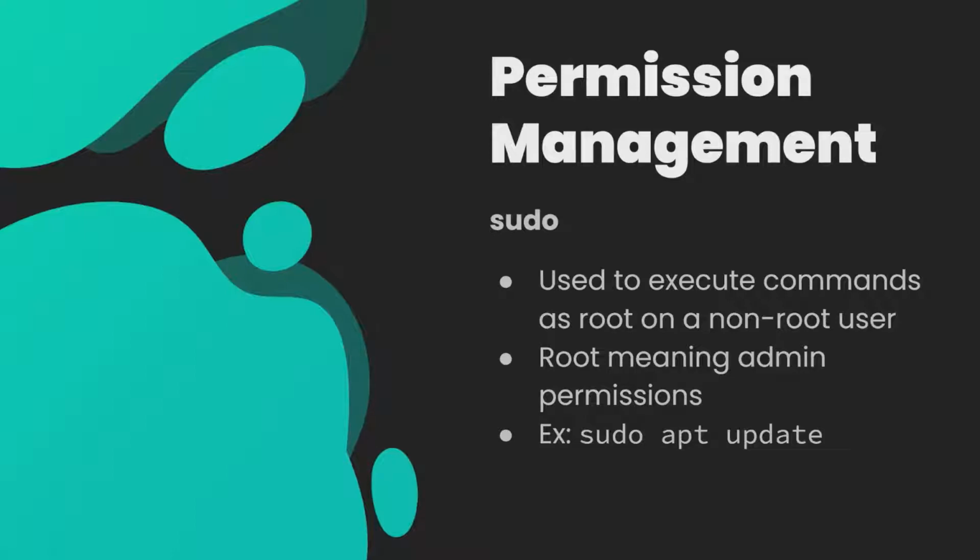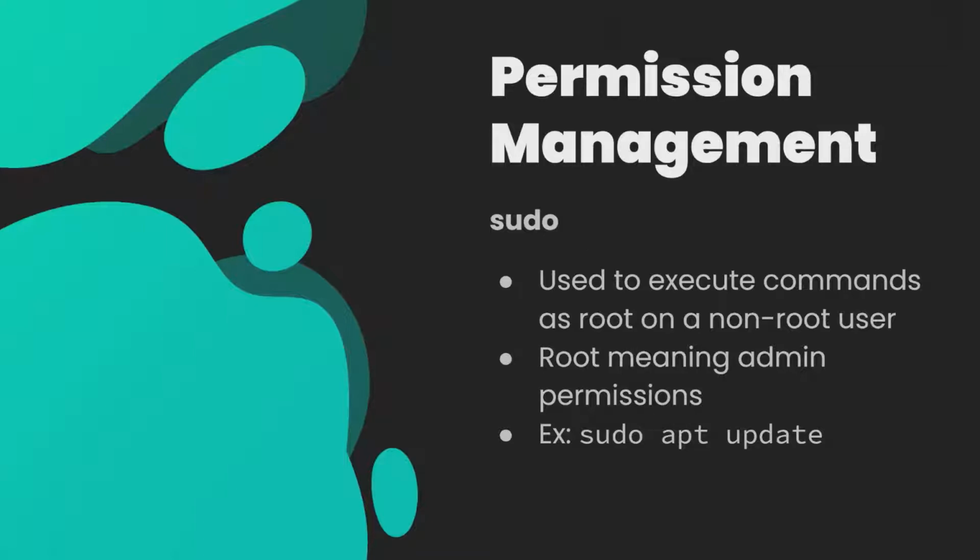Some commands require elevated privileges such that it wouldn't let you run it as a non-root user. So instead of becoming a root user, you can use this sudo command and just basically run it as root or administrator, essentially.